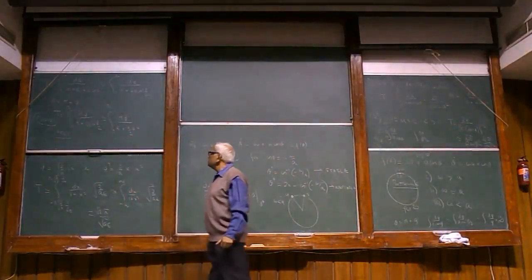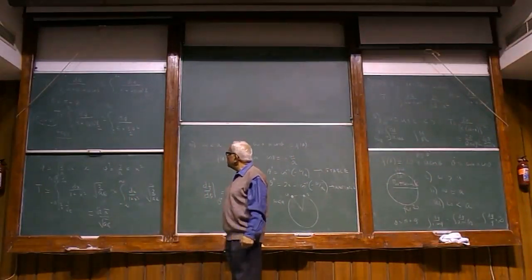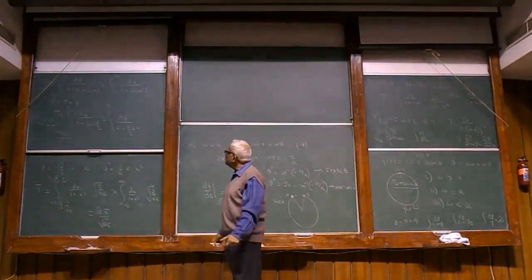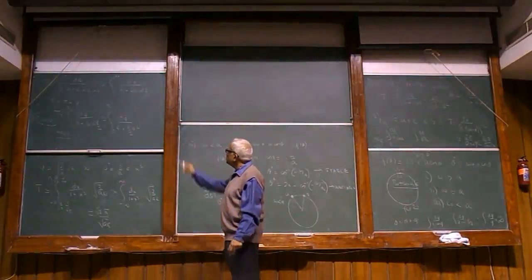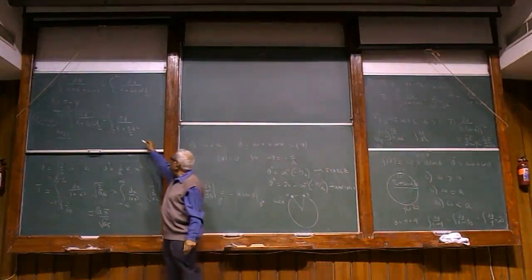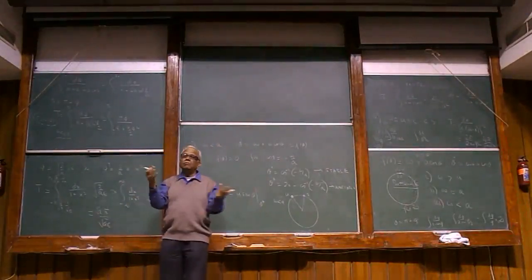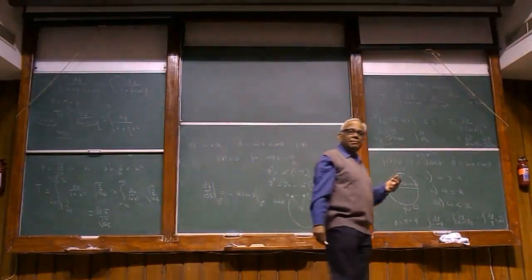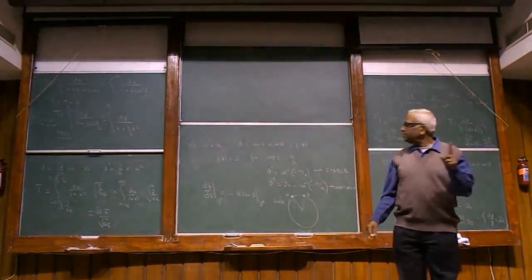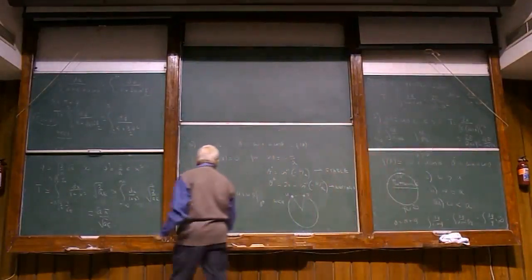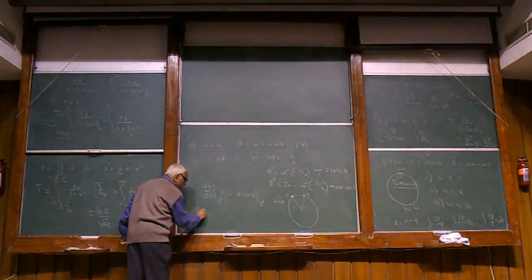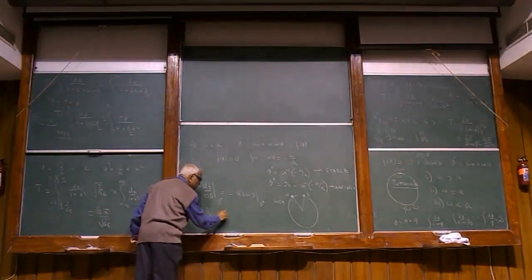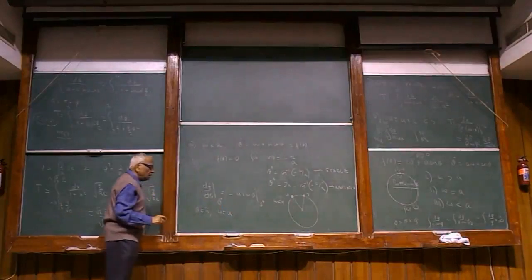That's what you have, omega close to A and theta close to pi. So f of theta has the form which you see over here, which is the normal form for the tangent bifurcation. The bifurcation point is theta equal to pi, omega equal to A.